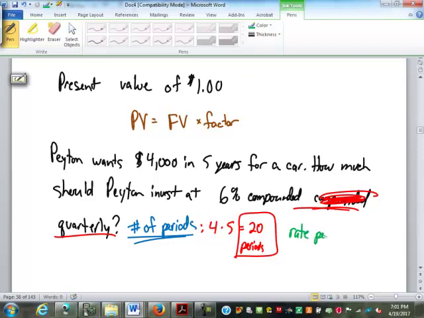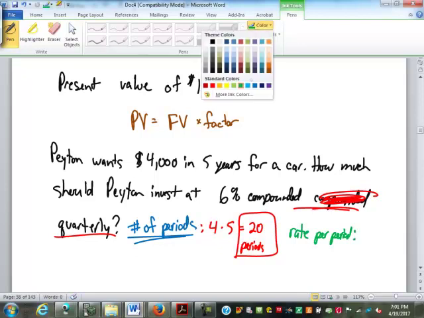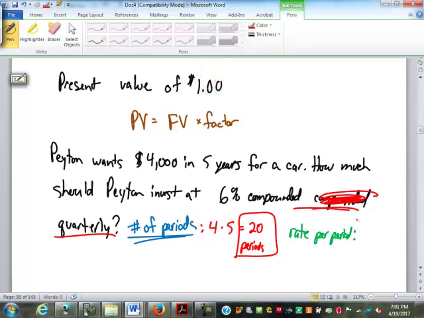Next, we need to find the rate per period. How are we going to do that? 6% divided by how many periods are in a year again? 4. Good, 4 periods a year because it's quarterly. That's 1.5%.